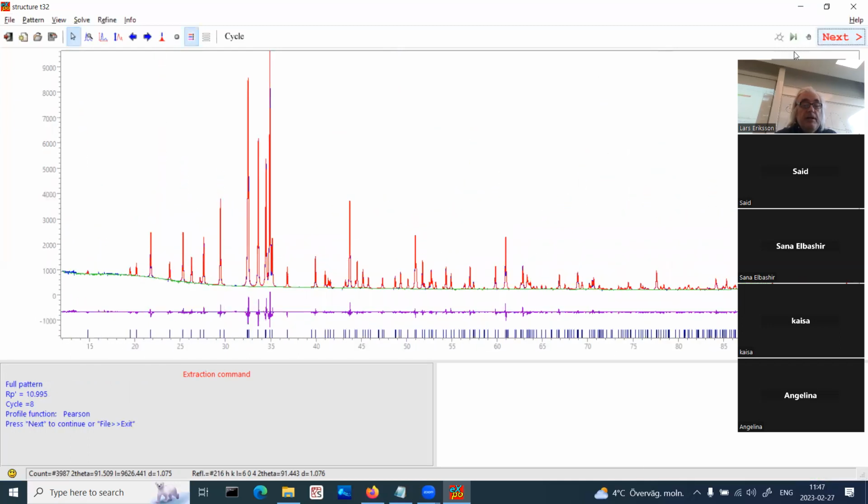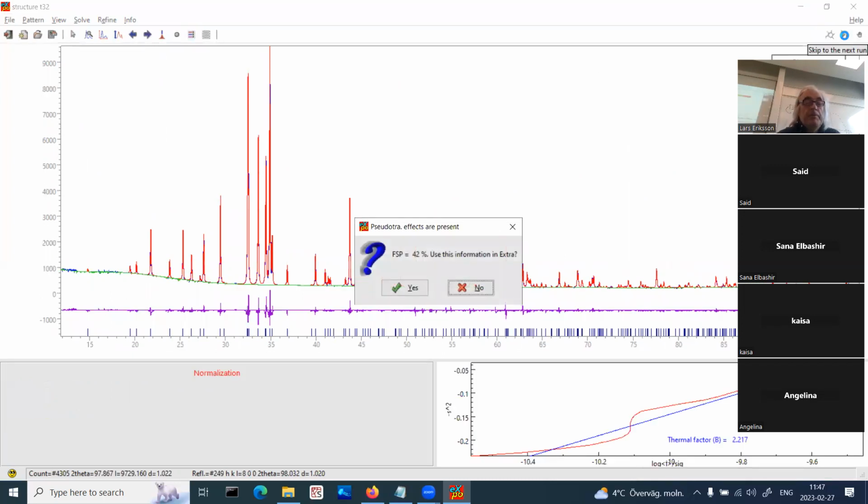Click next. EXPO will try to use the space group and extract peak intensities as accurately as possible. Here it does some kind of estimate of the thermal factor.